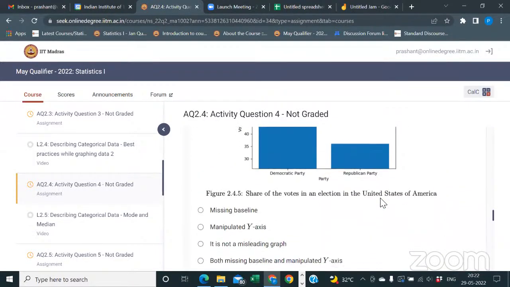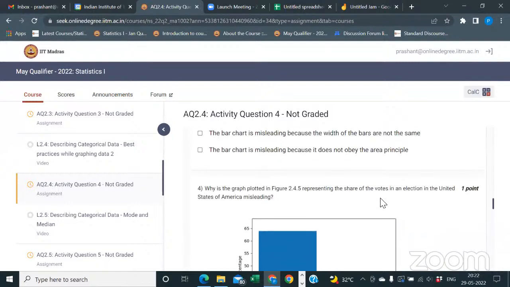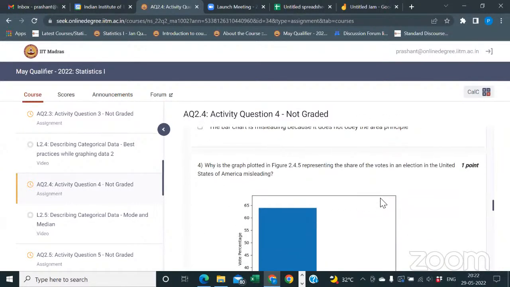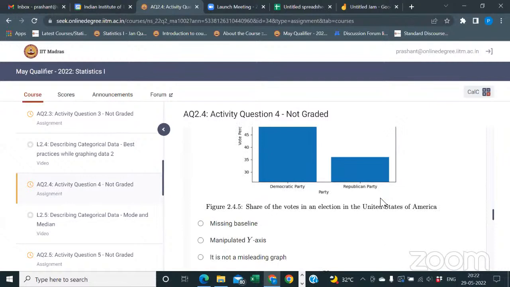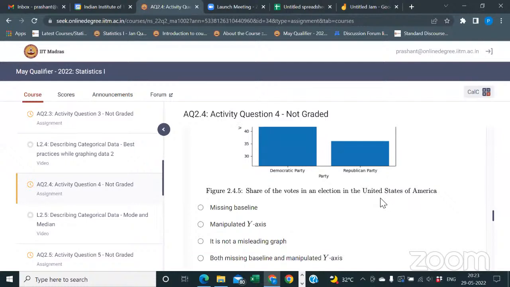Okay, so what is the issue? Here in this graph, sir, as we can see, the baseline is missing. If there is no zero, then it can't be considered as a zero. But sir, the first interval is 30, and after that every interval is 5.